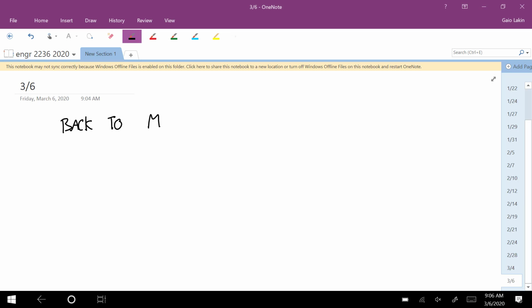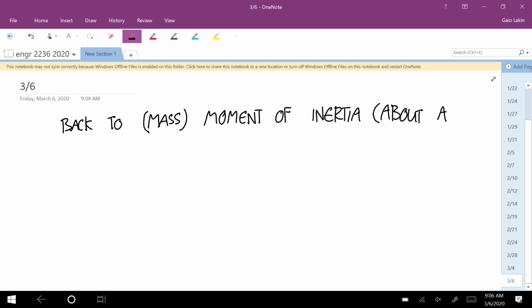So, back to the mass moment of inertia about a point. It's just called the moment of inertia, but you need to keep all that other stuff in mind.